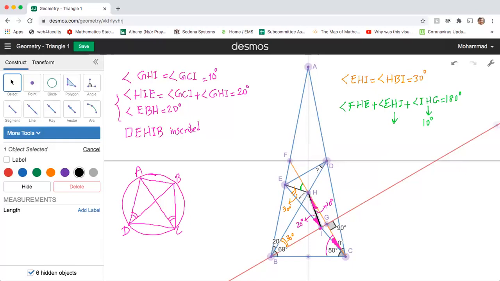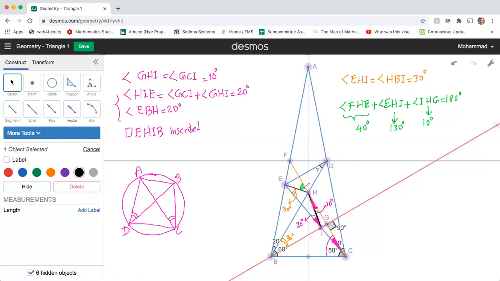We have a 20 degrees and a 30 degrees angle, which makes this one 130 degrees. All the angles inside the triangle add up to 180, 30 and 20, remaining would be 130. So this is 130. And so what we were looking for should be 40 degrees so that it adds up to 180.